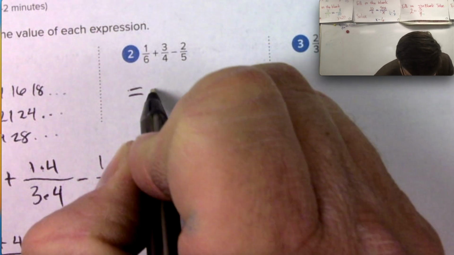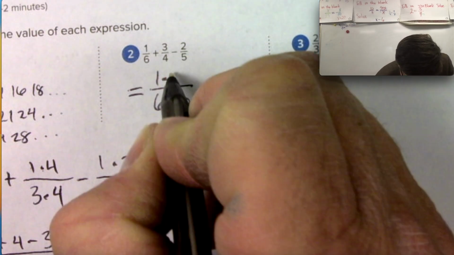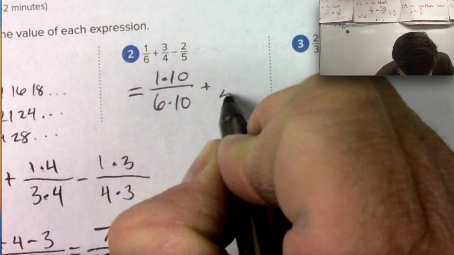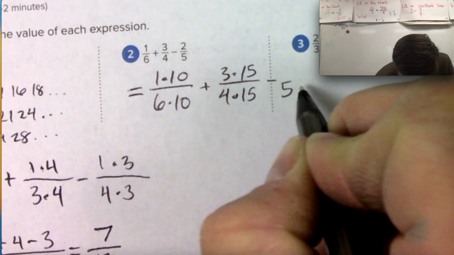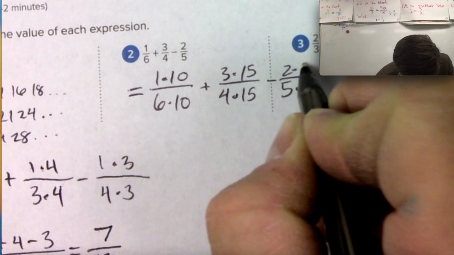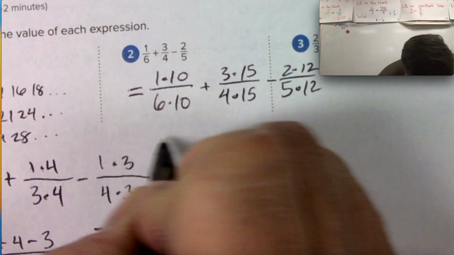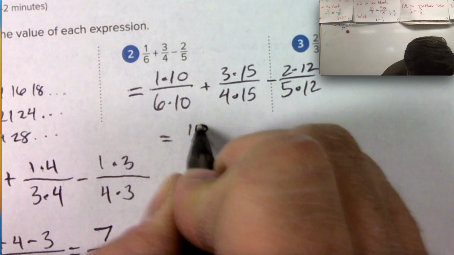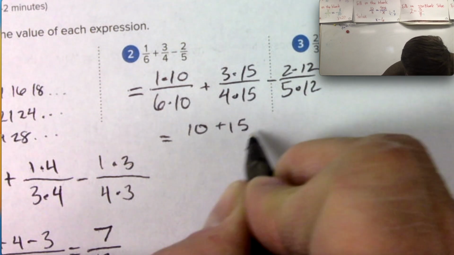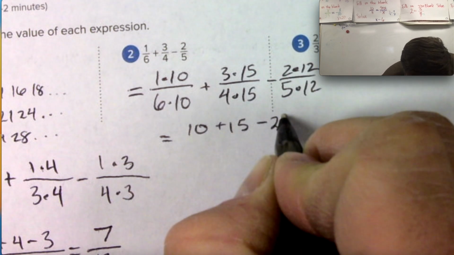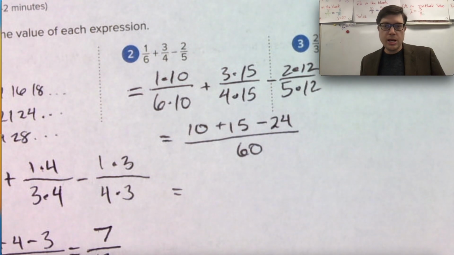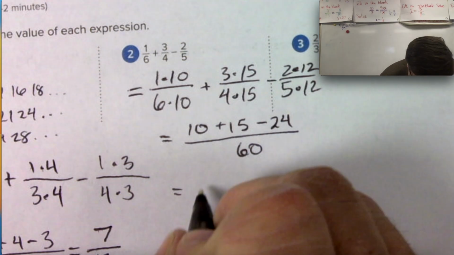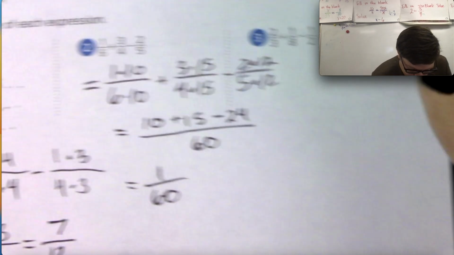So that would be 6 times 10, 1 times 10, 4 times 15, 3 times 15, 5 times 12, 2 times 12, which becomes 10 plus 15 minus 24 over 60. Then 10 plus 15 is 25. 25 take away 24 is 1. So this is 1 over 60.